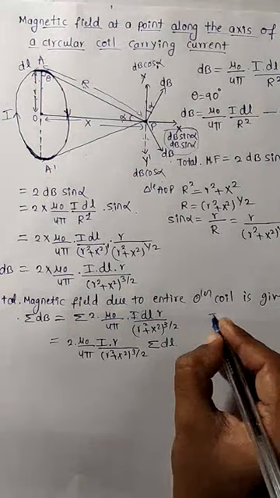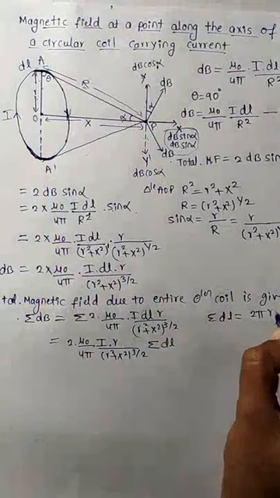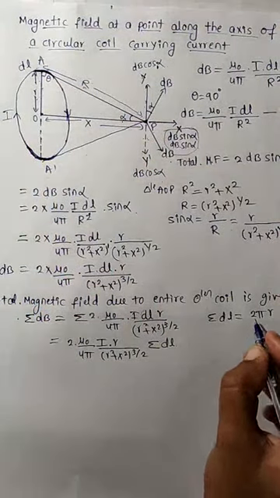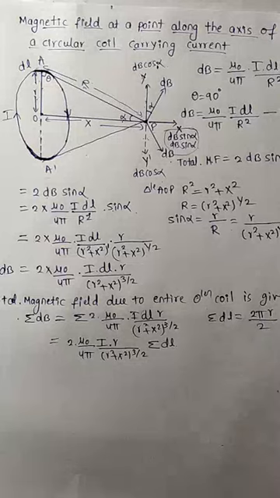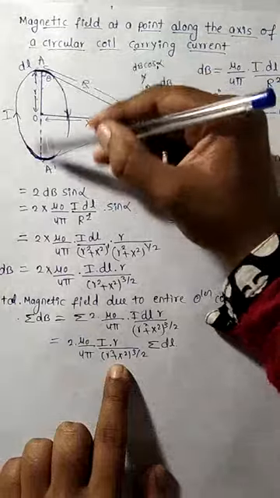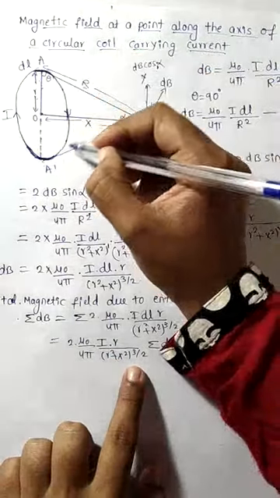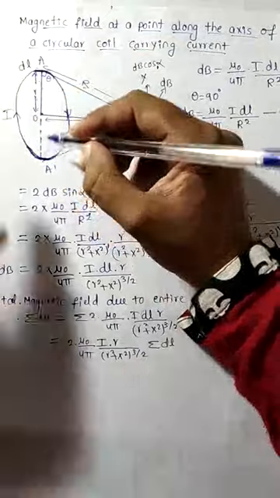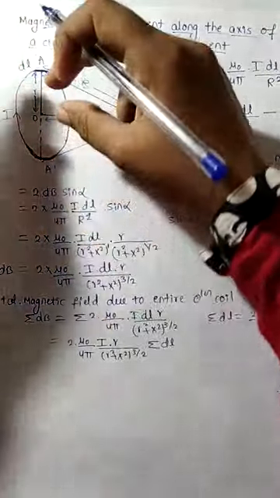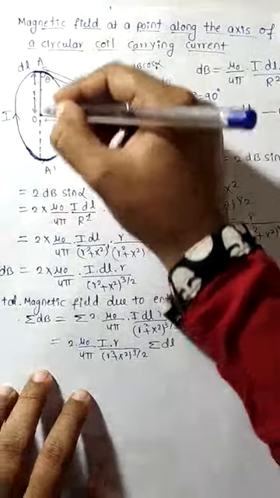That summation of dl is equal to the circumference of the circle. How much? 2 pi r, as r is the radius, should be divided by 2, because already this is the magnetic field due to these two circular coils.